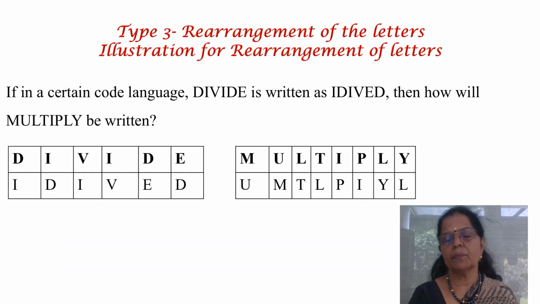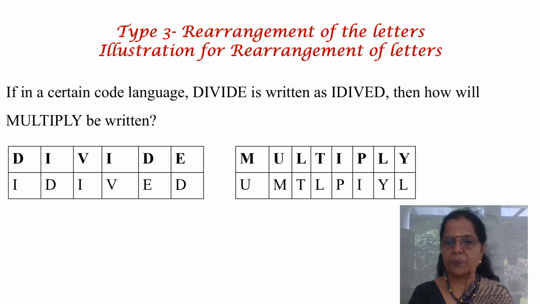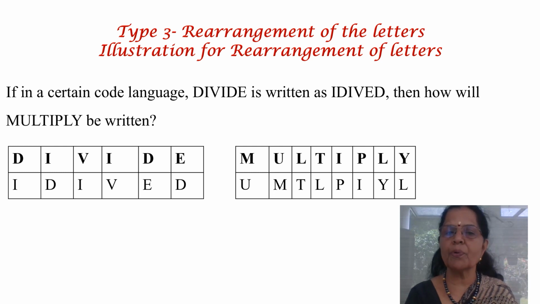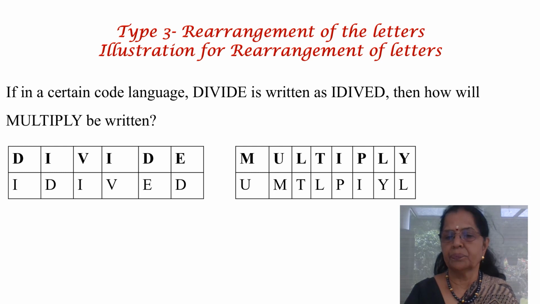See, type 3, rearrangement of the letters. In the words given, the letters are the same. No additional letters or minus letters. The letters are just the same, but they are rearranged. Their position is changed. So, as I have already told you, in this type of problems, you always have to look for the pattern.